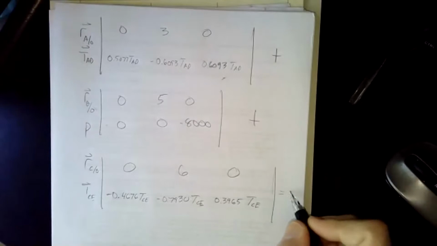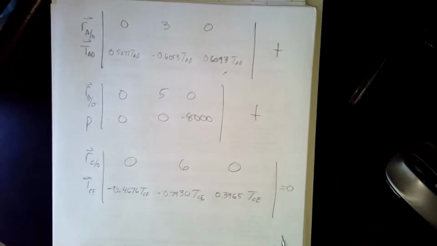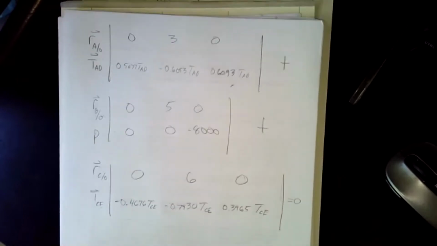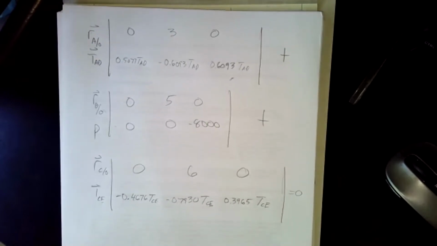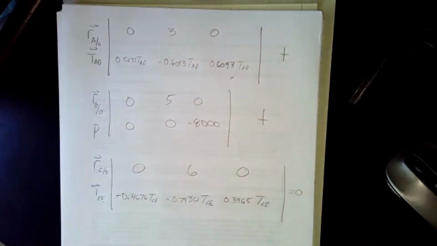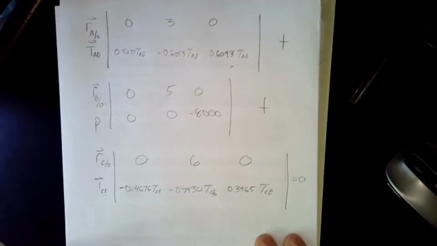So anyway, we have all this. We know that all equals 0. And I know you guys can figure out all the cross products. Just like what we did in chapter 2, you do all your cross products and separate them into IJK.